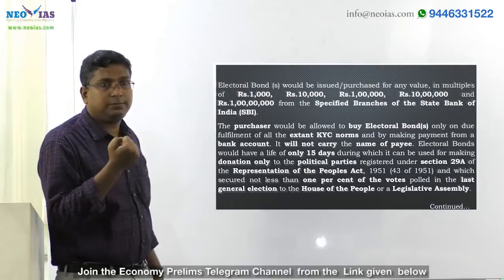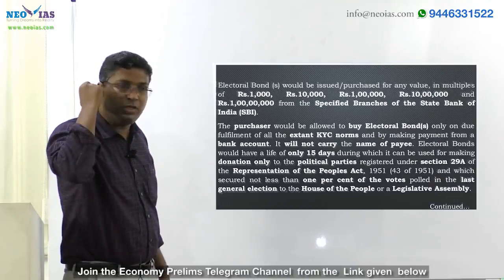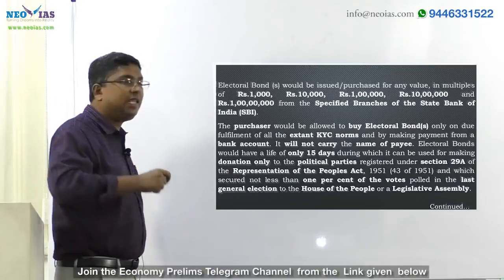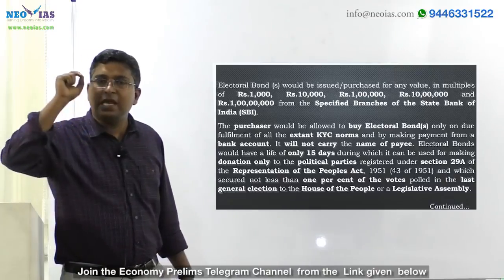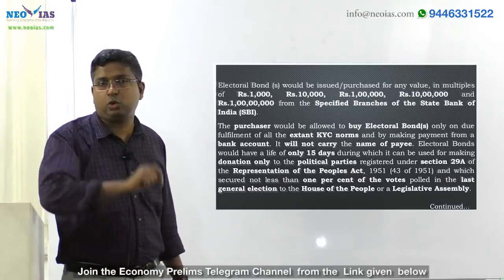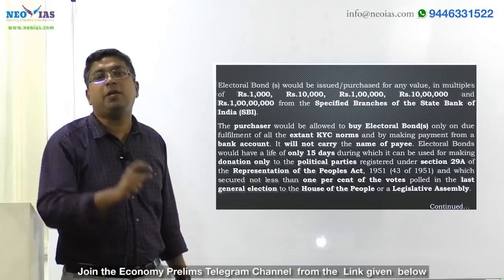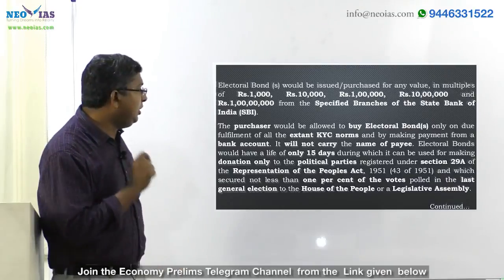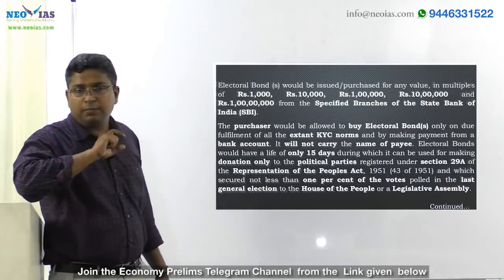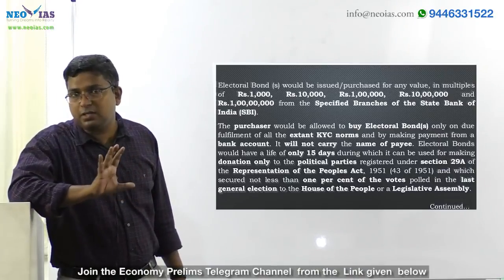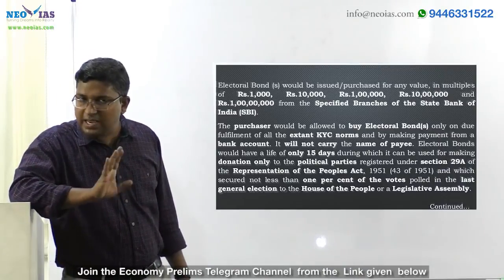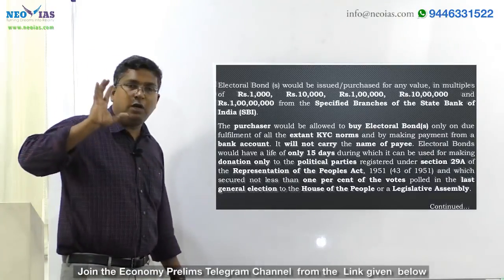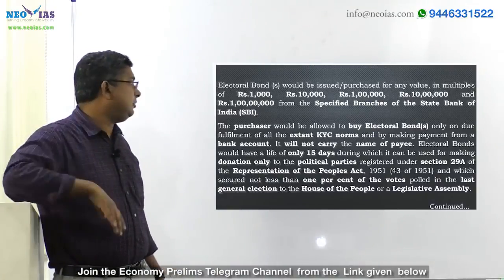The purchaser would be allowed to buy electoral bonds only if he fulfills certain KYC norms, and he has to make payment through his bank account only, not in cash. An important point is that the bond will not mention the name of the payee.